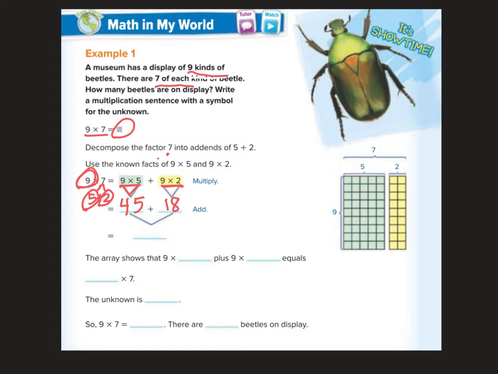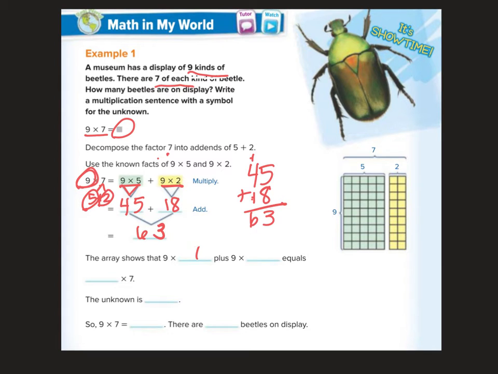Okay, now 45 and 18. 8 plus 5 is 13. 4 plus 2 is 6, which means that... Oh, well, no, come on here.